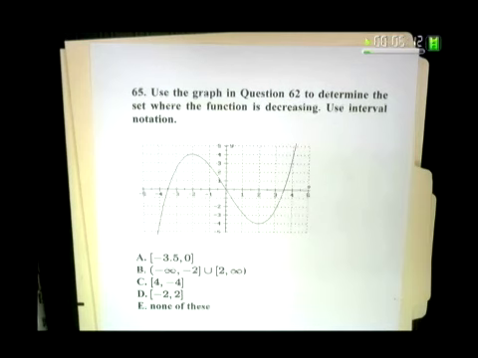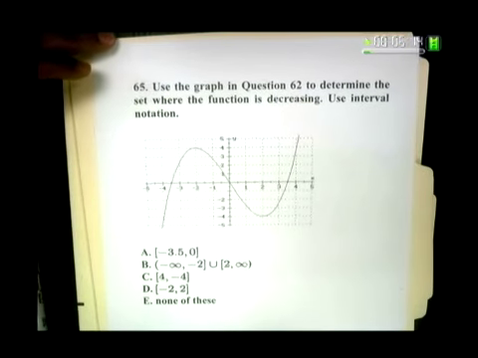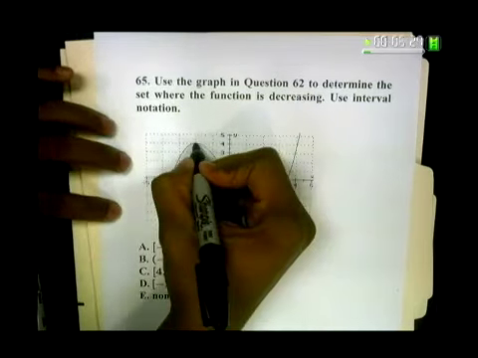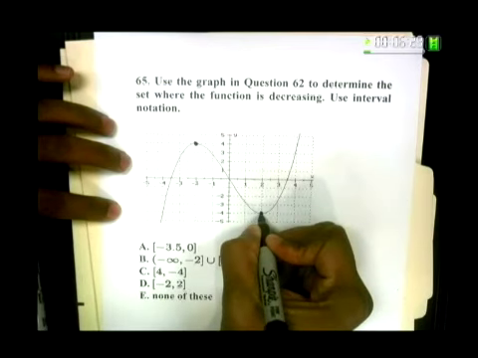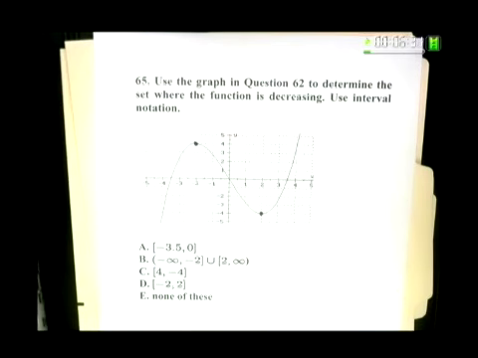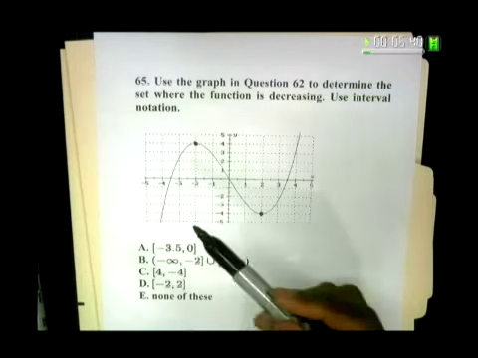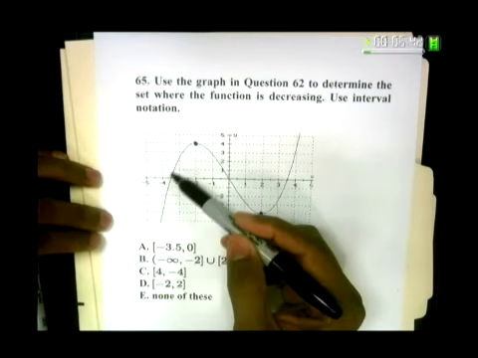Same graph, but now we want to figure out where the function is decreasing, and use interval notation to determine that. We're looking at our turning points as the cutoff points, because those are where the graph changes from increasing to decreasing. Those are going to be our two endpoints. We go from left to right, tracing the graph.